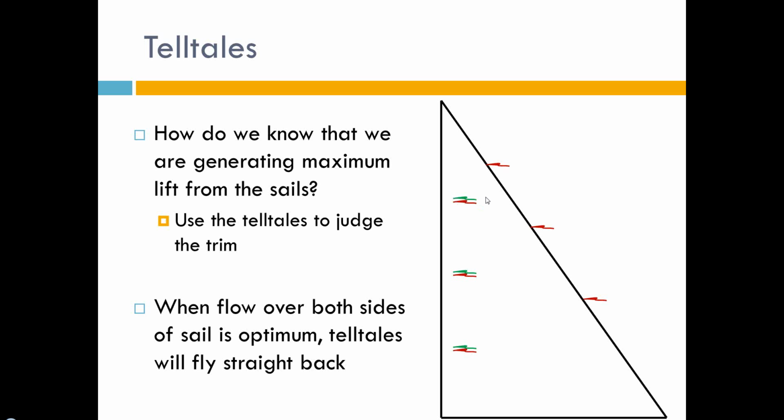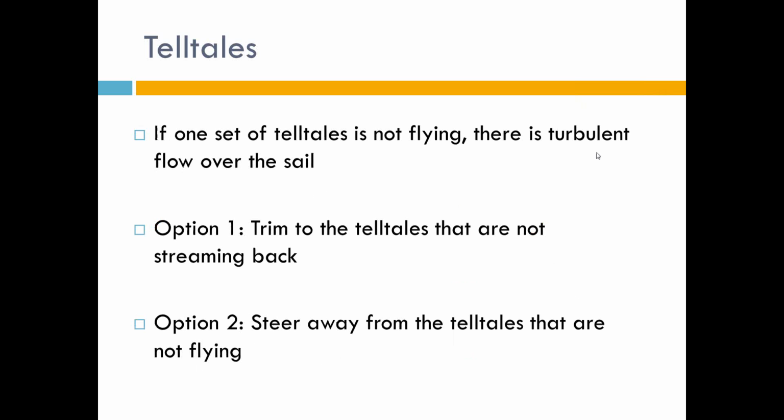Occasionally, with your leech telltales, you'll get maybe this guy and this guy flicking to the leeward side of the sail, but mostly we want them flying straight back. If they're flying straight back, that means we have nice, smooth, laminar flow over the sail. We're not creating any turbulence, so we're on the course to proper trim in that scenario.